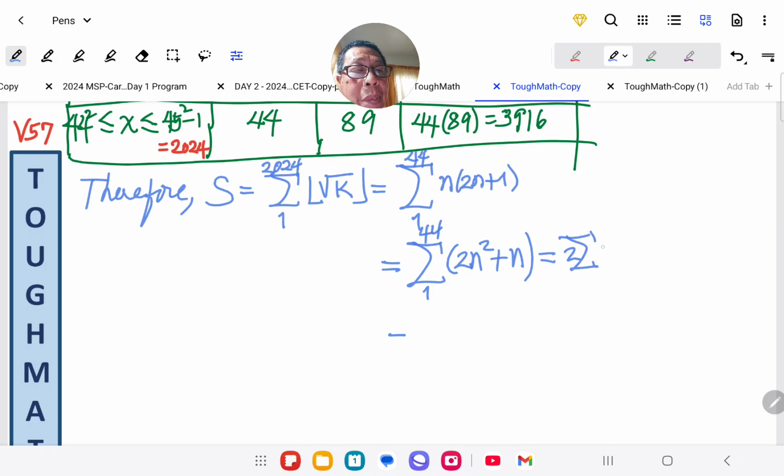This is 2 times the sum of n squared from 1 to 44, plus the sum of n from 1 to 44.